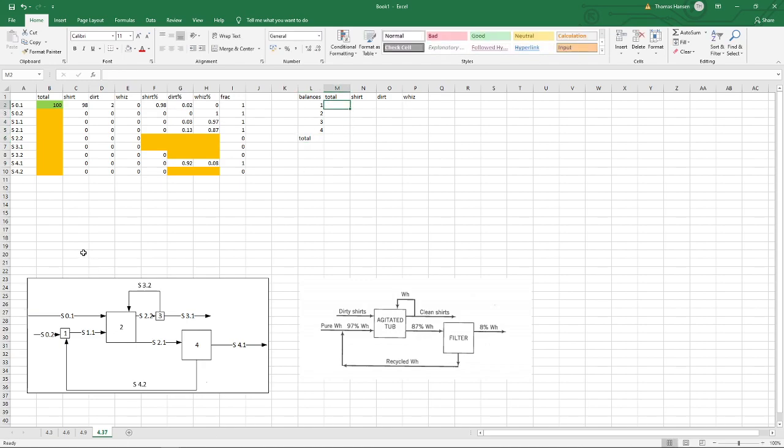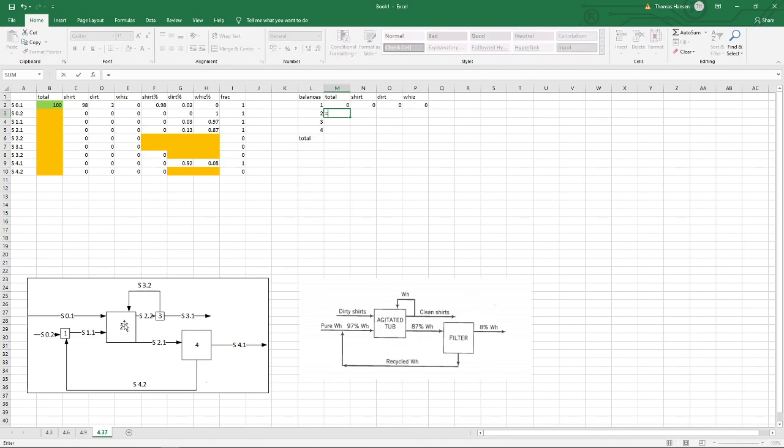And we will just say what enters our first unit. That would be 0.2 plus 4.2 minus 1.1. So if you look down here, you can see 0.2 enters my first unit operation, my 4.2 enters, and my 1.1 exits. So that's my balance in total, and I'll just drag it along for the other ones, shirt, dirt, Wizzo.